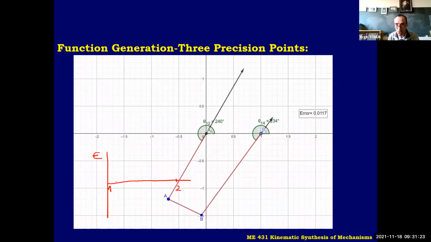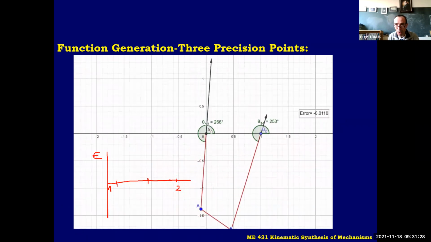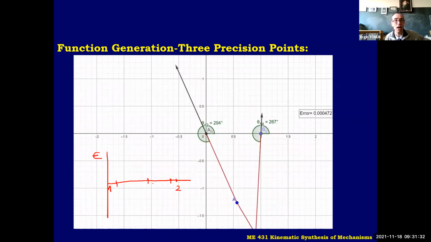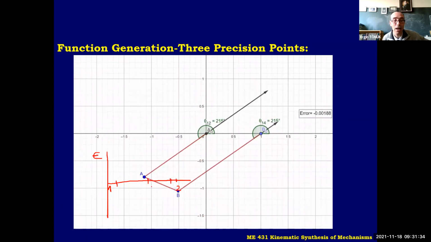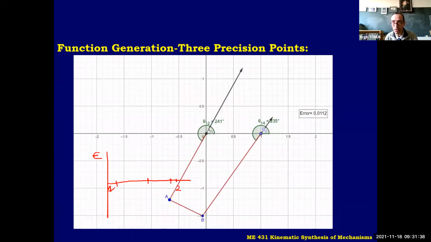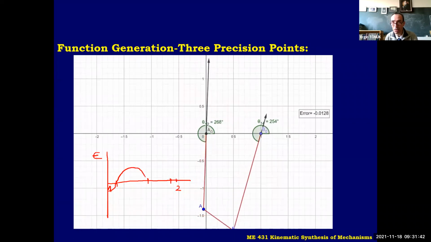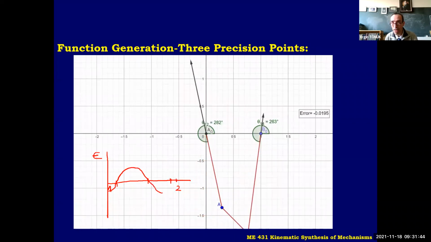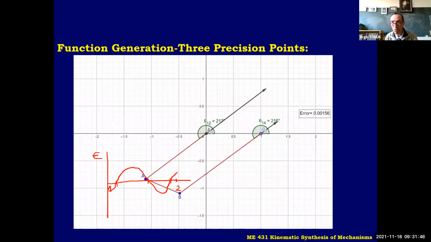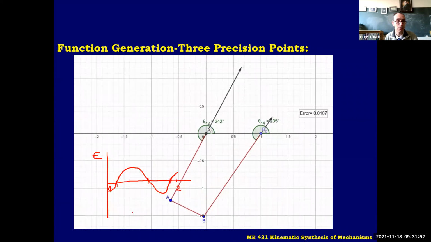I have my 3 precision points here where I have the error 0, and yeah, I just forgot, but I think it was starting with a negative value like this, 0 here, positive, increasing, negative, 0, and some positive.